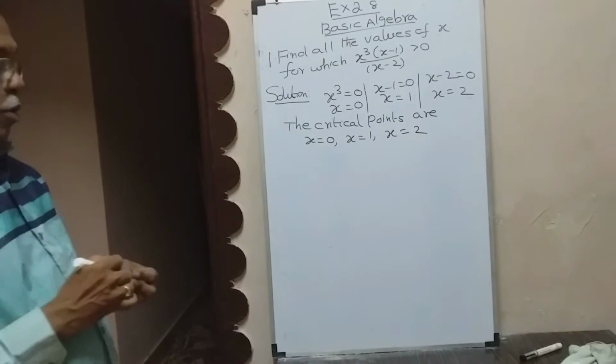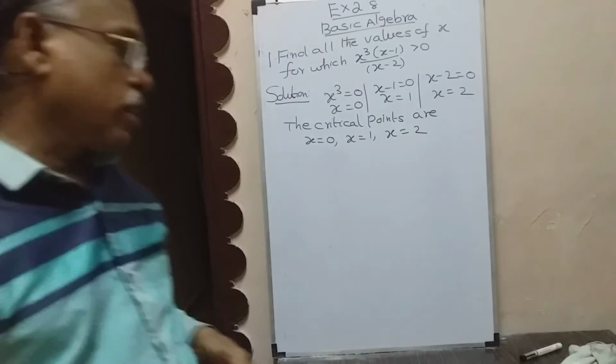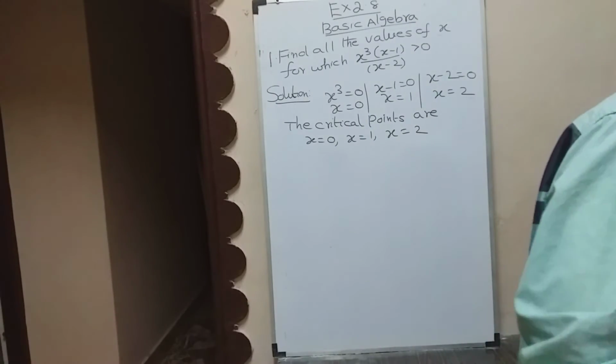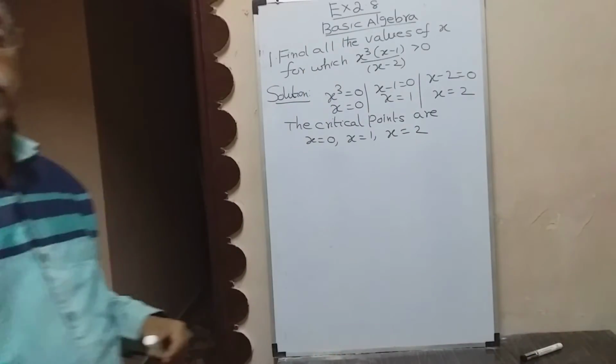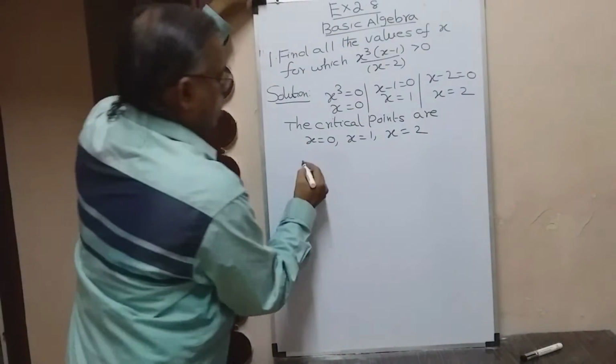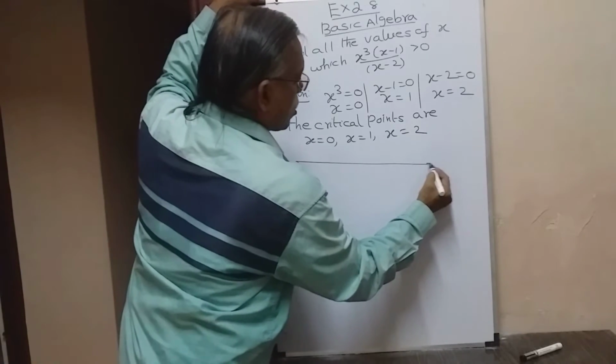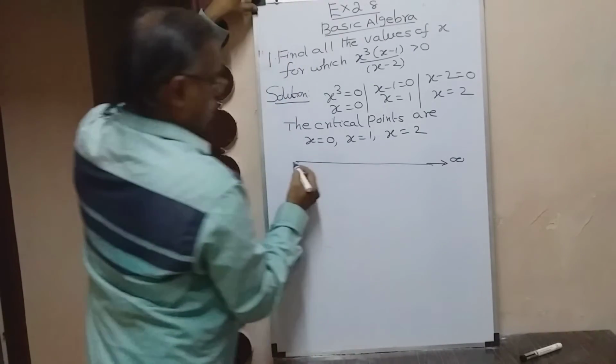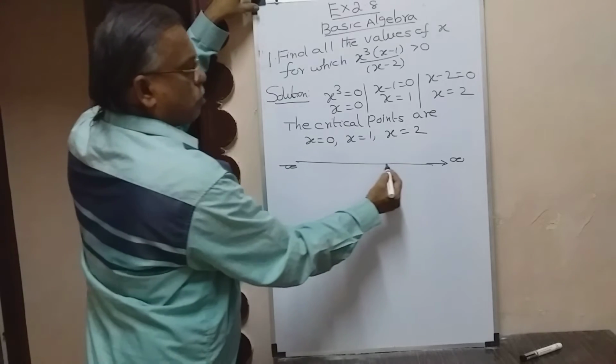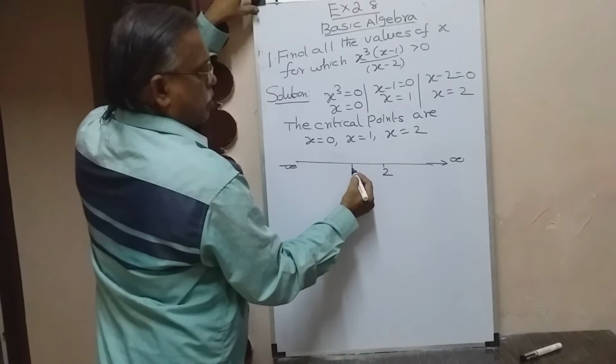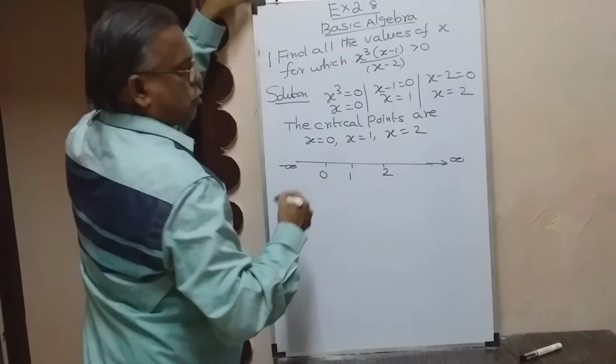So these are the critical points. By using these critical points, we have to divide the real number line, minus infinity to infinity. This side is infinity, this side is minus infinity. For example, 2 is here, this is 1, this is 0.